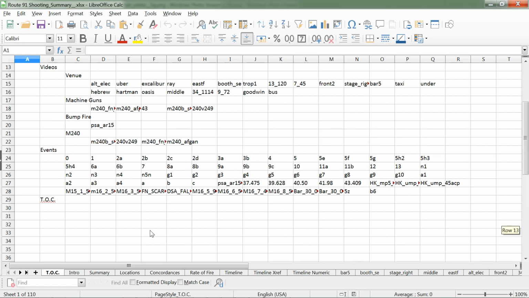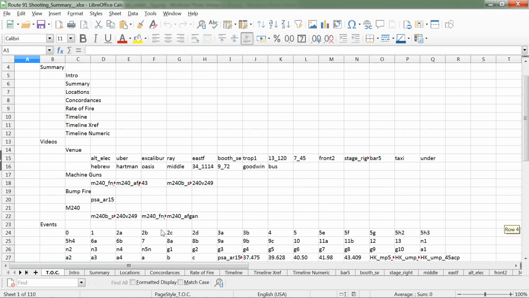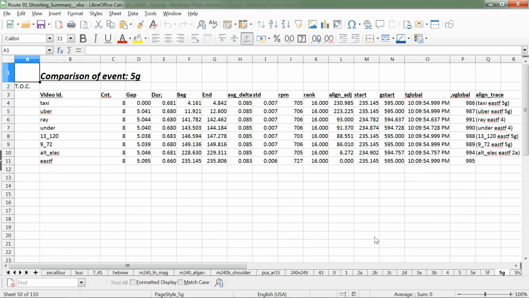And with this I can say, well, I've got all these videos to look at. What did that third burst of the fifth volley look like for all those? And I can click on it because I have them hyperlinked in there and say, okay, these are the videos. This is all for 5G, which is the third burst of the fifth volley.